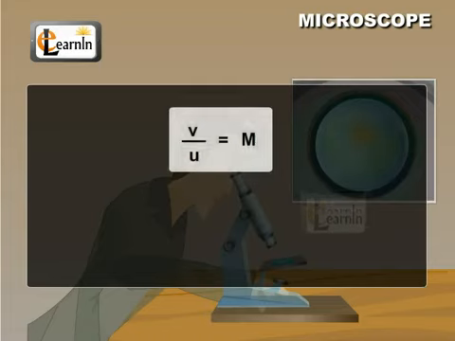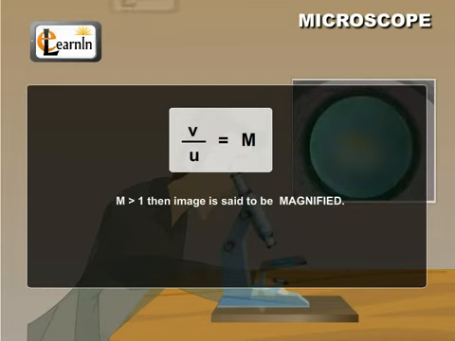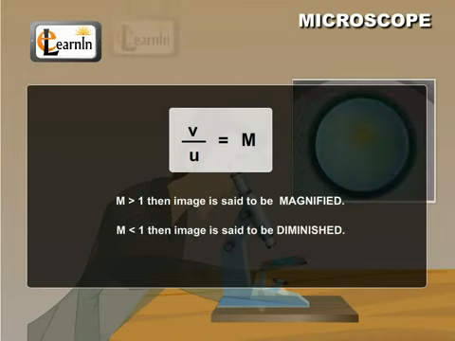If M is greater than 1, the image is said to be magnified. If M is lesser than 1, the image is said to be diminished.